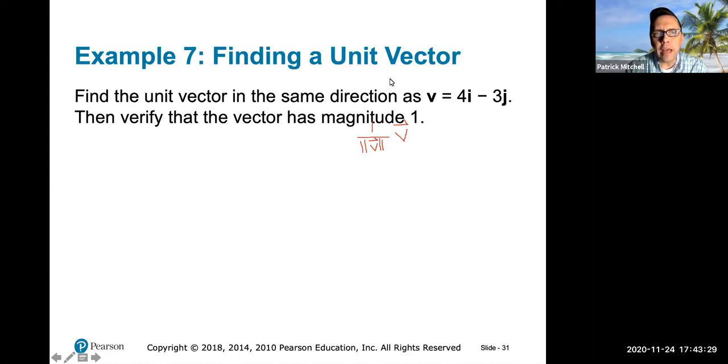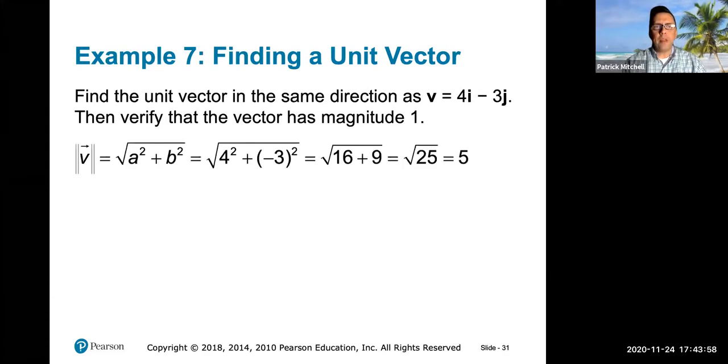Okay, so as an example, let's find the unit vector. And notice I keep stressing the unit vector. There is exactly one unit vector that has the same direction as a given vector. Okay. So we want to find the unit vector in the same direction as v equals 4i minus 3j, and then we'll verify that that vector has magnitude 1. So first we find the magnitude of v, which is given by this formula.